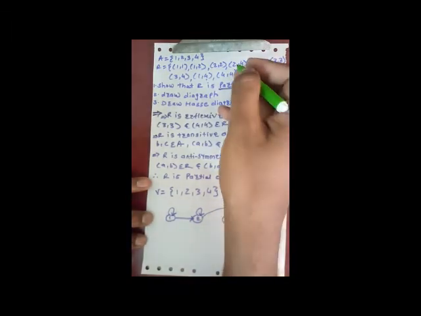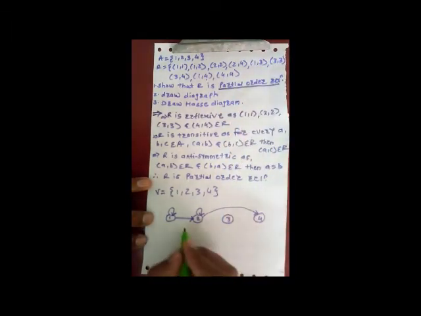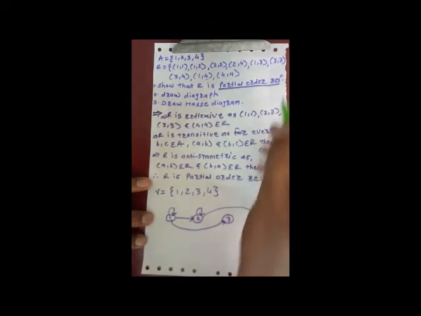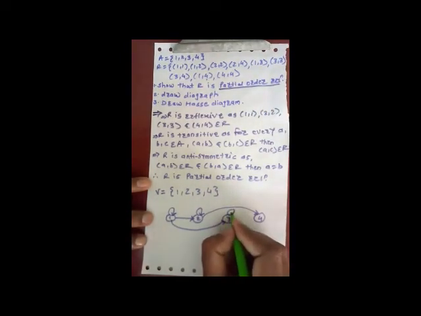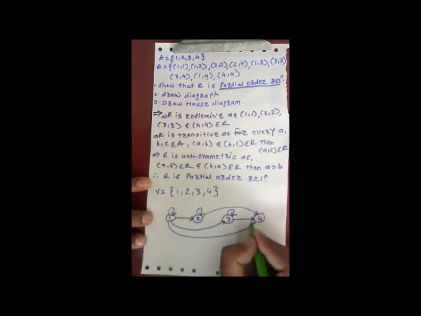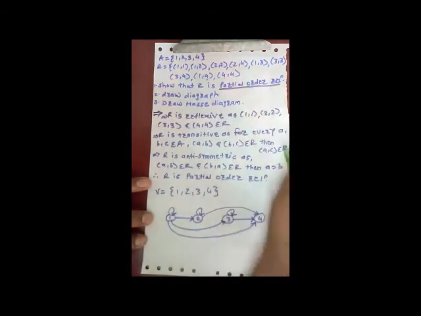Then 1 comma 3, this one, right? Then 3 comma 3, self loop. Then 3 comma 4, this one. Then 1 comma 4, this one, and 4 comma 4, that is a self loop.